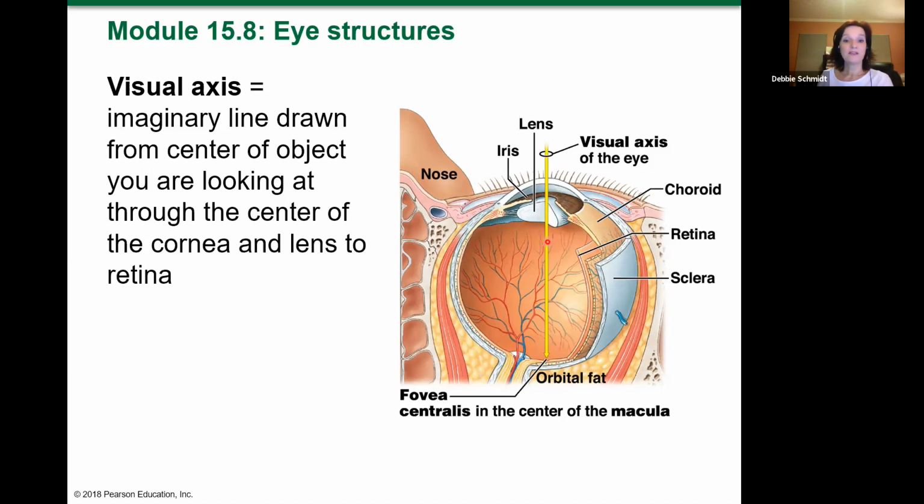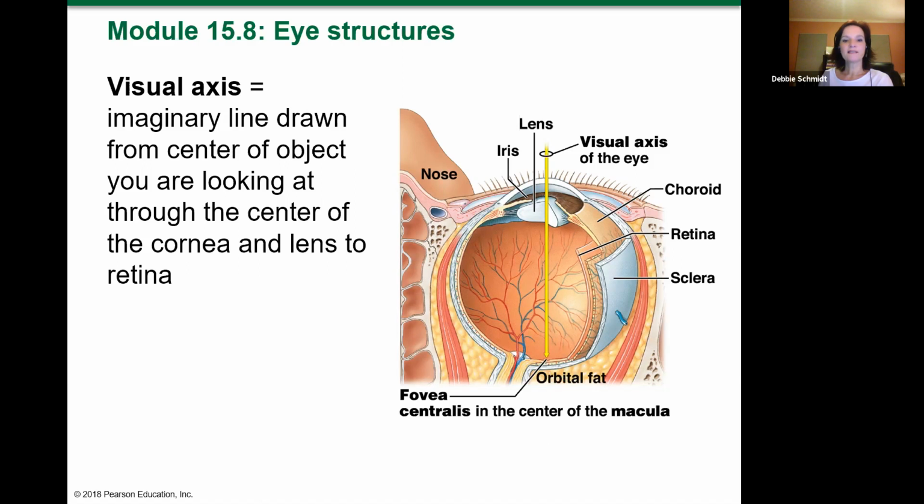Then it passes through the vitreous humor or vitreous body, and then it ends in the back of your eye at an area called the fovea centralis. There's even a little divot in the back of the eye in this area. We're going to look more closely at what's going on in that fovea.